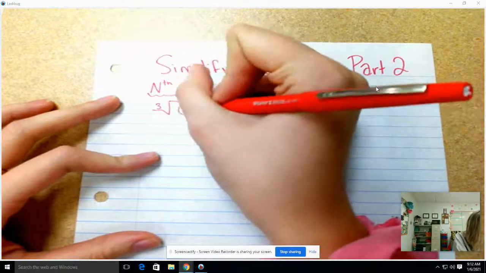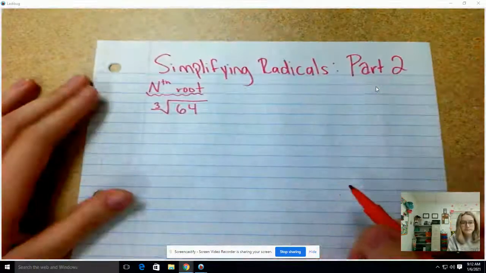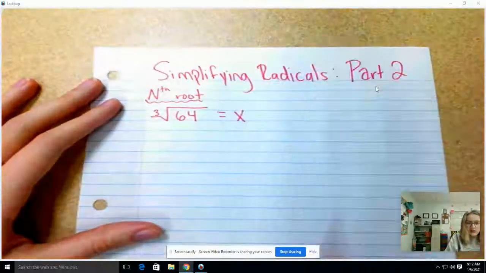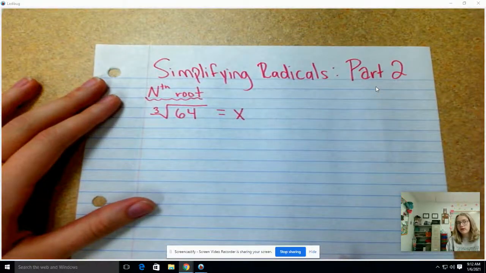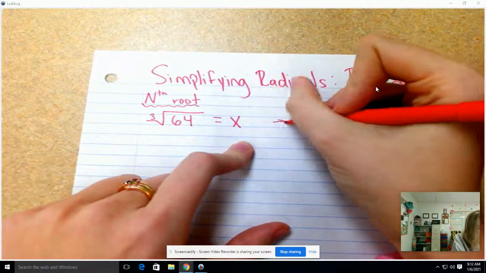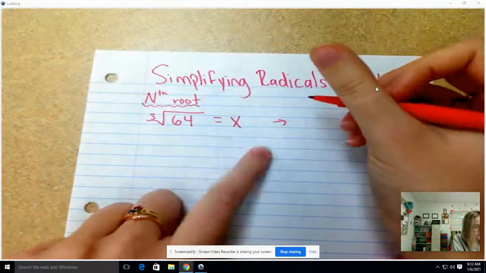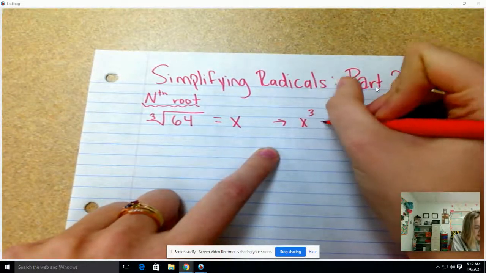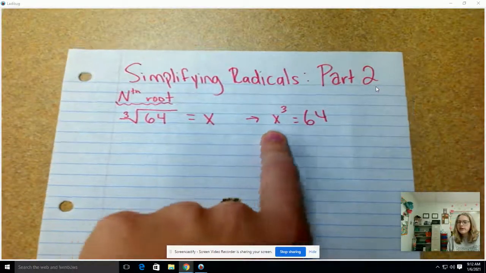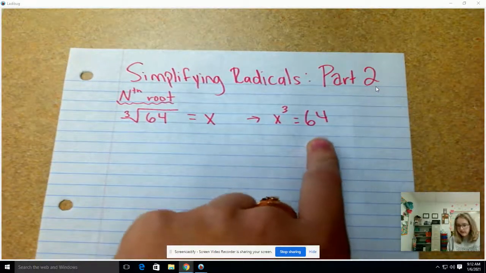The cubed root of 64 equals x. If we remember back to our notes from the other day, we can also rewrite this in the form of x cubed equals 64. This is what we're trying to figure out: what to the third power is going to give us 64.